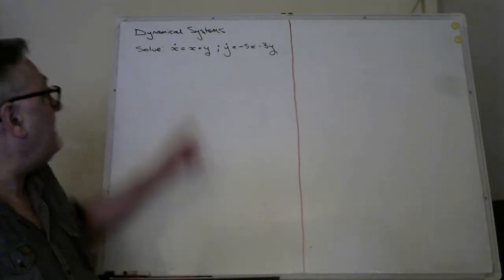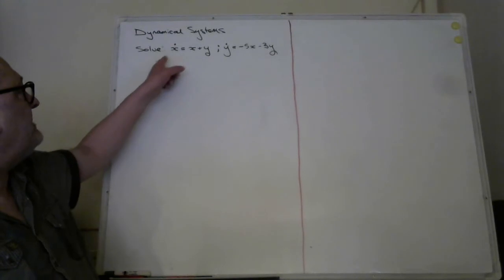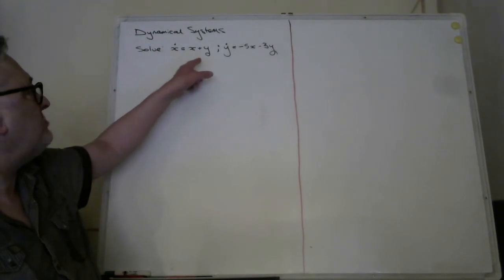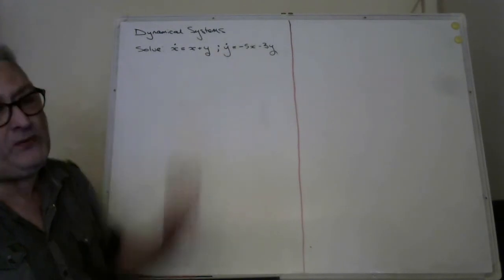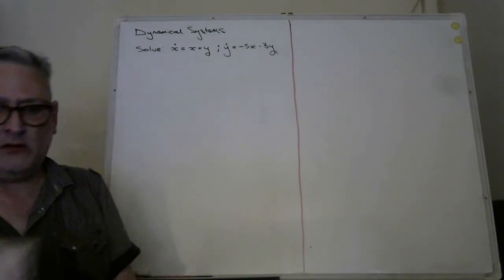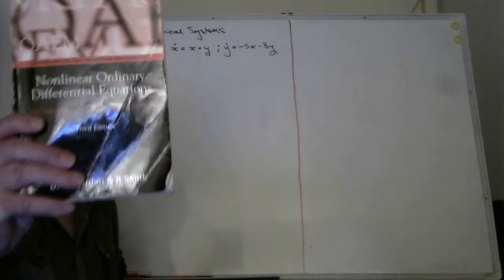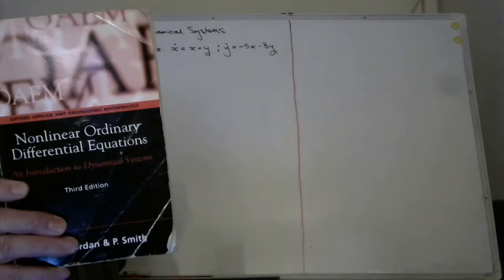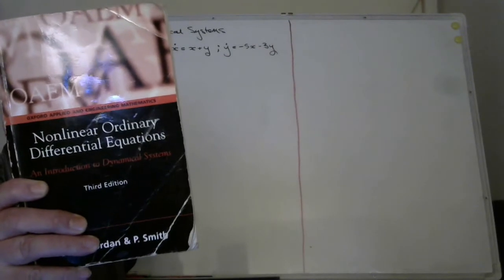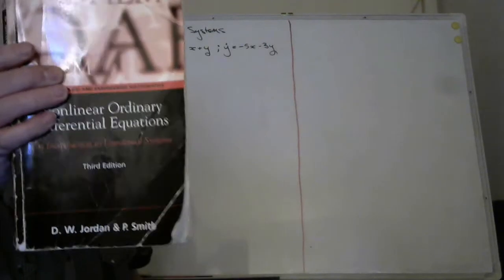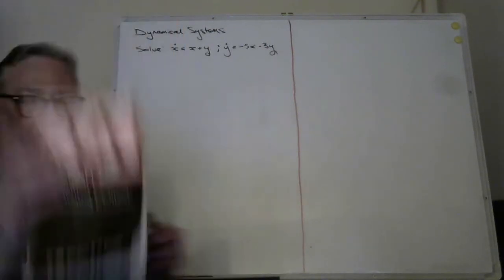Again, this system, x dot equals x plus y and y dot equals minus 5x minus 3y, is from this book called Nonlinear Ordinary Differential Equations, An Introduction to Dynamical Systems, which is the third edition by the authors D.W. Jordan and P. Smith.